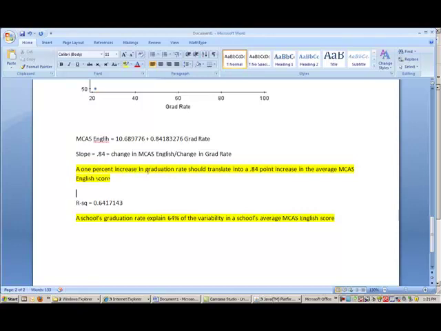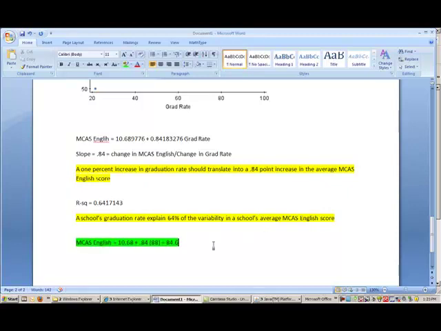So a 1% increase in the graduation rate should translate into about a 0.84 point increase in the average MCAS English score. R squared was 0.64, so our independent variable graduation rate explains 64% of the variability in the school's average MCAS score.